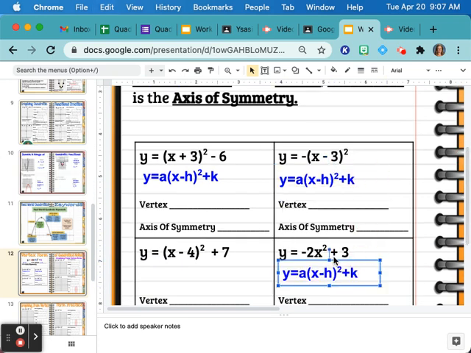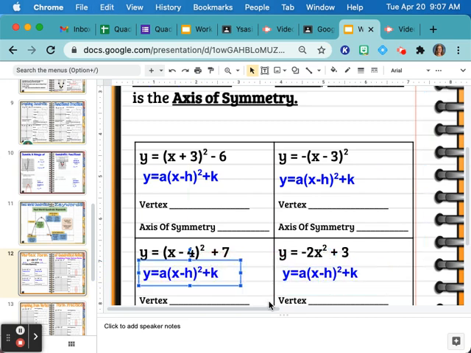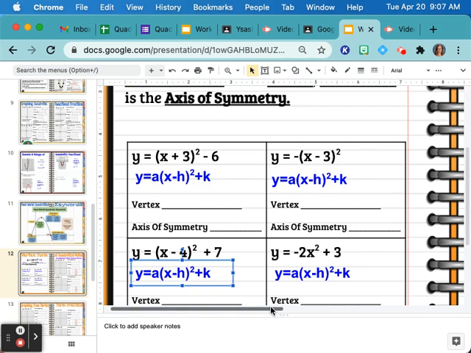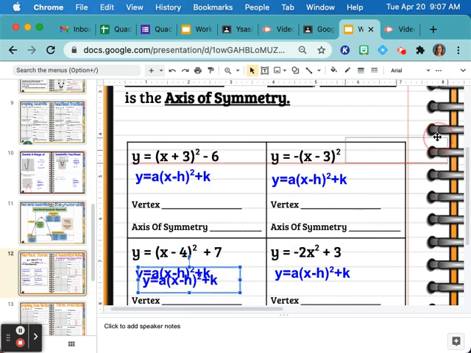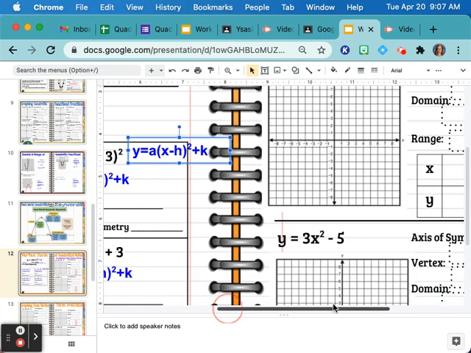So we'll use the formula to compare to the function they've given us. And also copy and paste this over on the other side of the slide too.